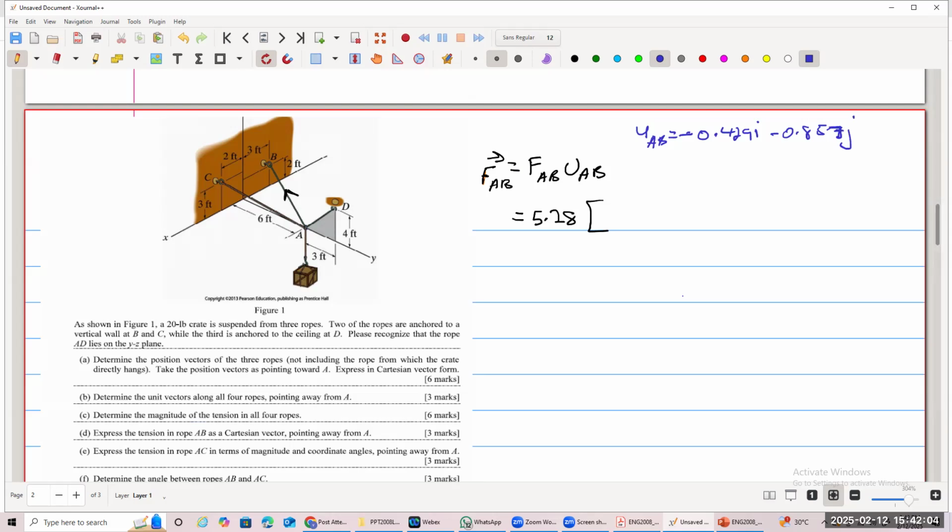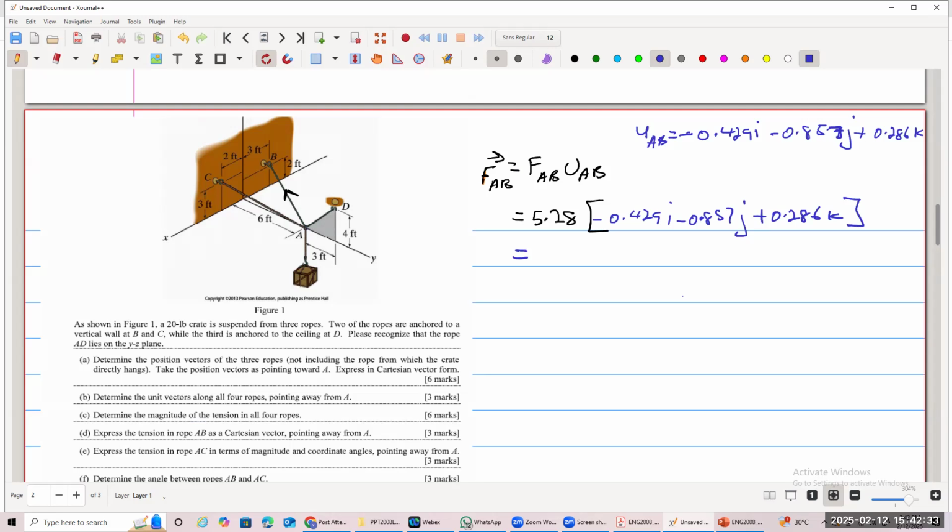And then plus 0.286 K. That is the unit vector, so that is what we need to multiply it by. When you expand that, that is your answer, whatever you get.